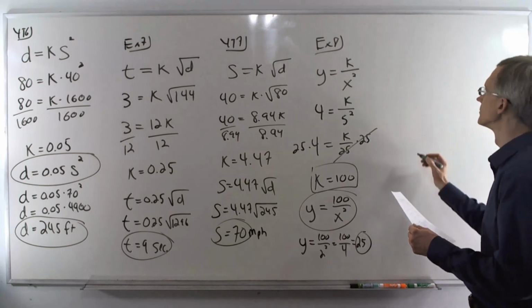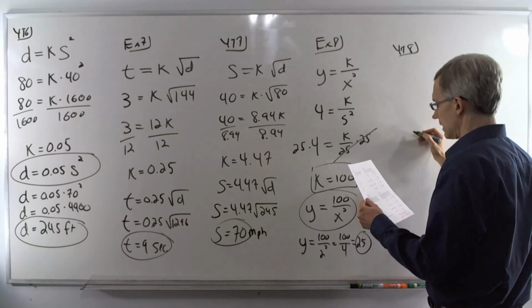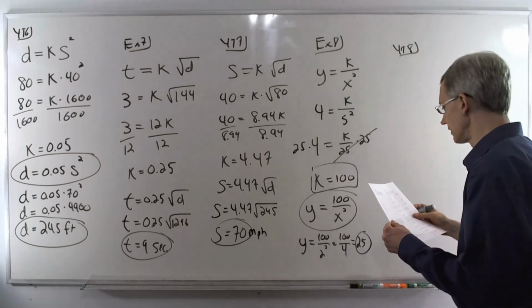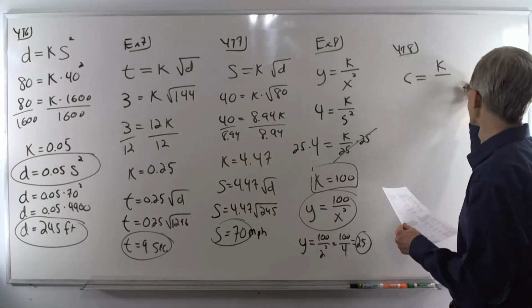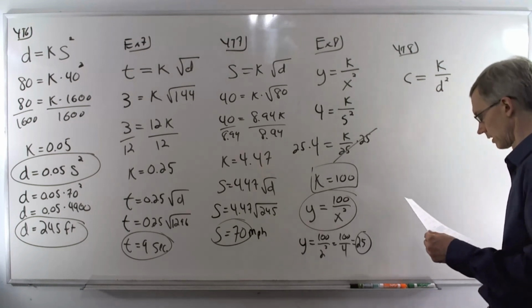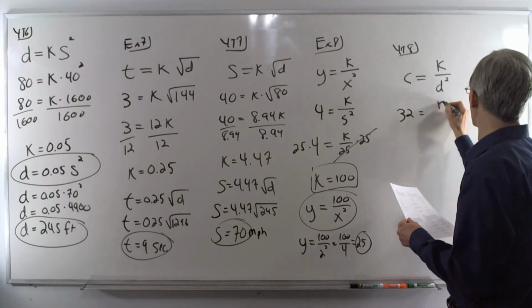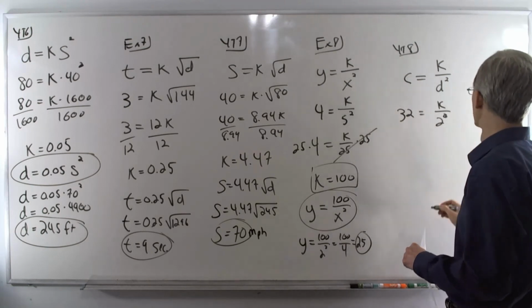Your turn, number 8. If c varies inversely with the square of d, right? C varies inversely with the square of d. And c equals 32 when d is 2. 2 squared on the bottom.